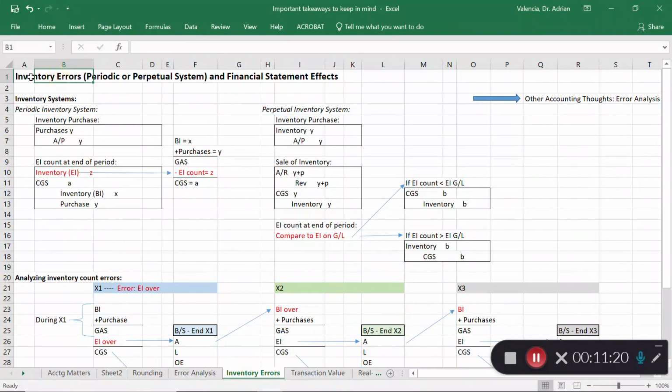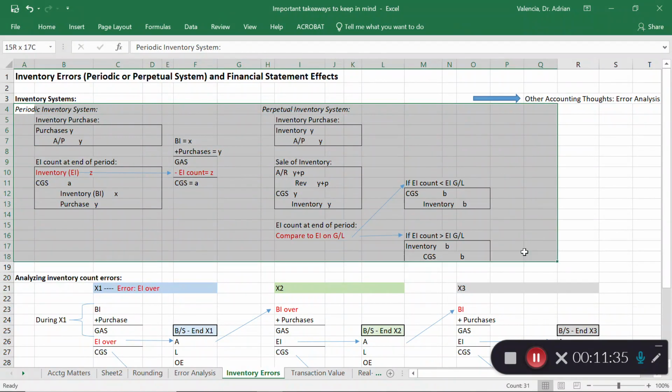We go in and we say, oops, we made an inventory error by counting more or by counting less than we really have. So that's the first thing I want to establish. It doesn't matter which system you're using. The effect of that error from a count is the same whether it's periodic or perpetual.